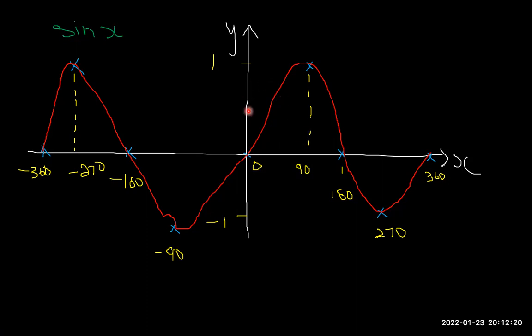Notice for the sine graph, the maximum value that y could be is 1, and the minimum is -1. So for any value of x you plug into this function, say I wanted to put sine of 1,000. Can anybody tell me what's the value?